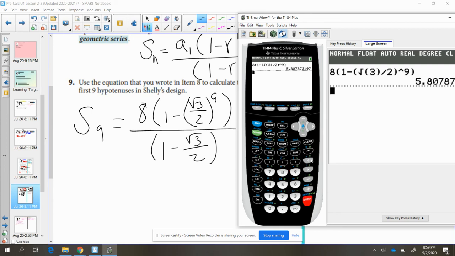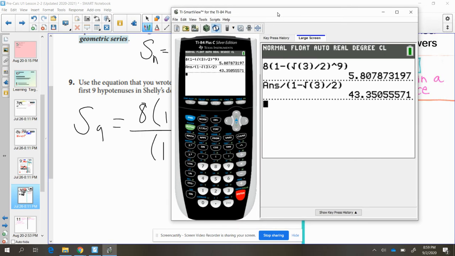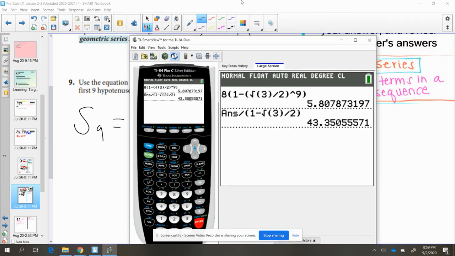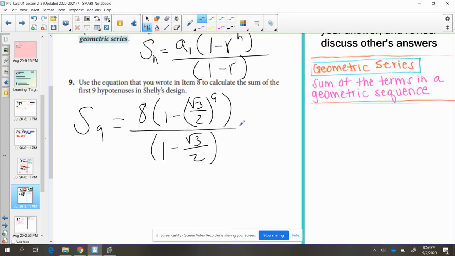So there's my numerator, and then I'm going to divide that. Make sure you use parentheses here as you divide by 1 minus square root of 3 divided by 2. Okay, so we get our final answer of about 43.351.